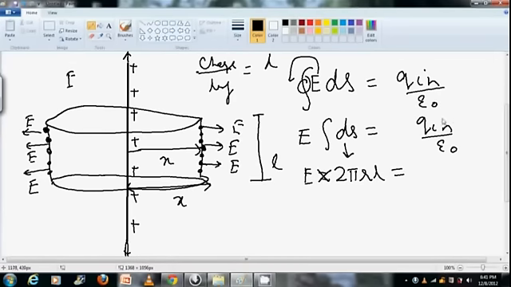What is the total charge inside this cylinder? It is the charge density, the charge per unit length, multiplied by the total length.